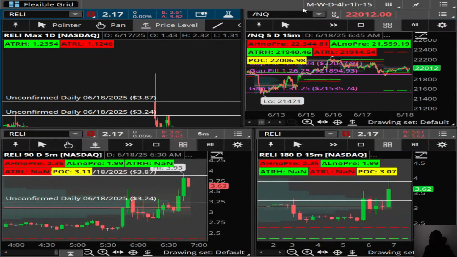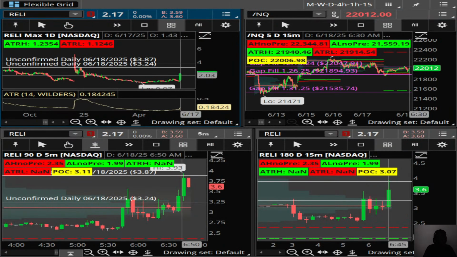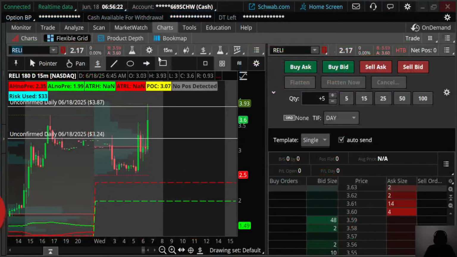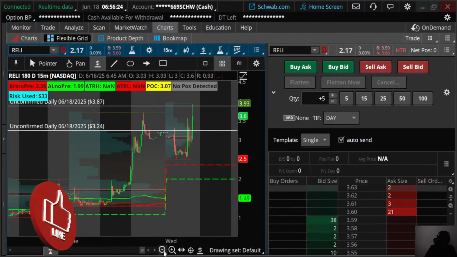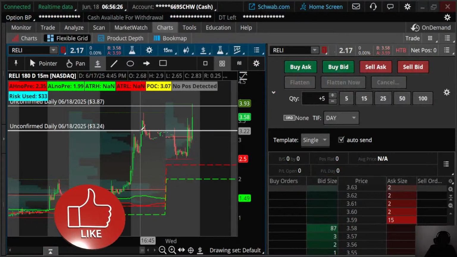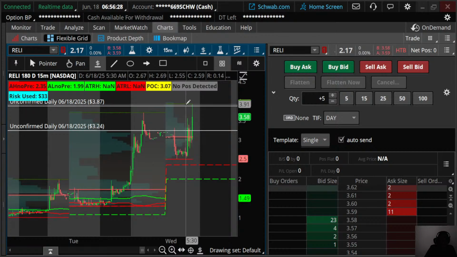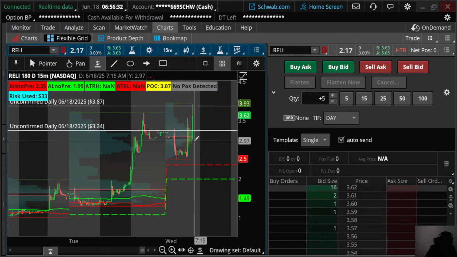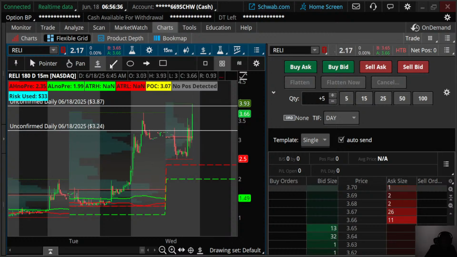Okay, let's jump over to the 15-minute. So this is where those unconfirmed ones are, 3.24 and 3.87 on the daily. The 15-minute came from $3, so it's got a whole dollar level down here.